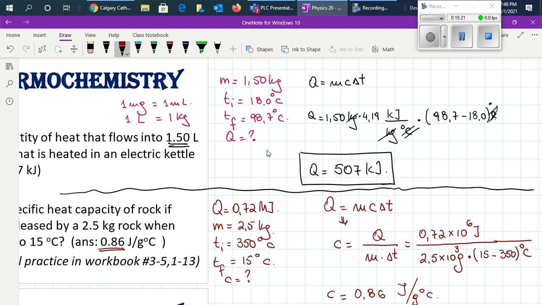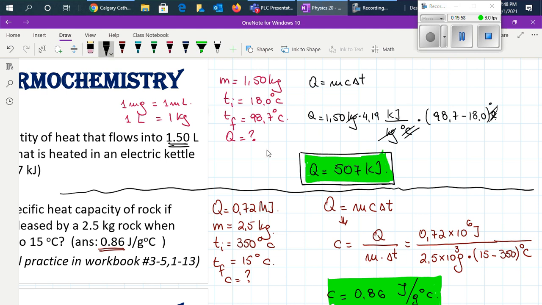Now when you see this, you will notice that the change in temperature is a negative number, and you may wonder, do you have to say negative or positive? Actually, when we are dealing with specific heat capacity, we do not specify if it is negative or positive, because specific heat capacity is just an indication of the energy absorbed or released, it doesn't really matter.